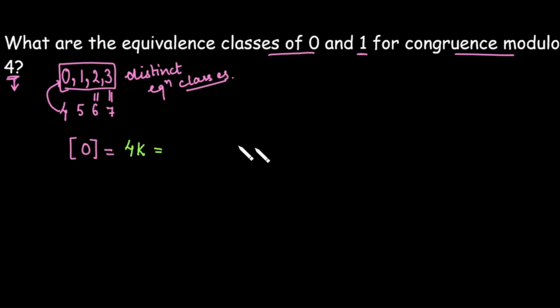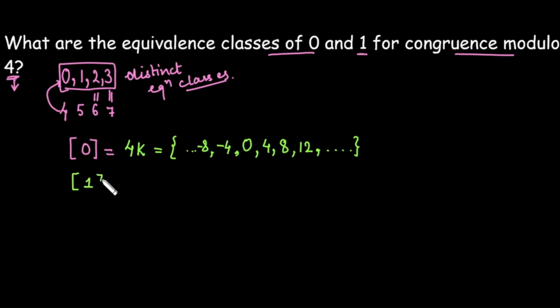So what type of elements we are getting in this case? 0, 4. 4 when divided by 4, remainder is 0. 8 when divided by 4 is 0. 12 when divided by 4, remainder is 0. So collect all those elements in one set. Its previous ones are minus 4, minus 8. So collect them in one set. This will give us the equivalence class of 0 with respect to modulo 4.